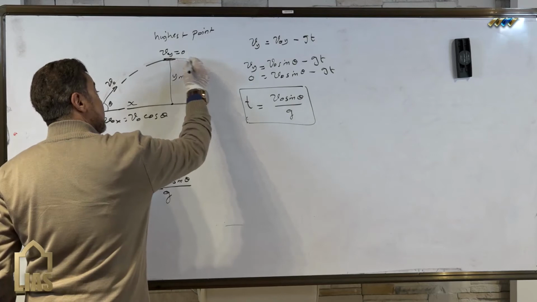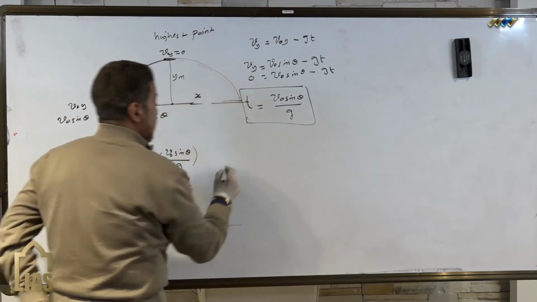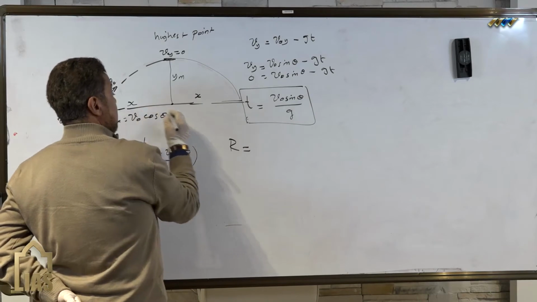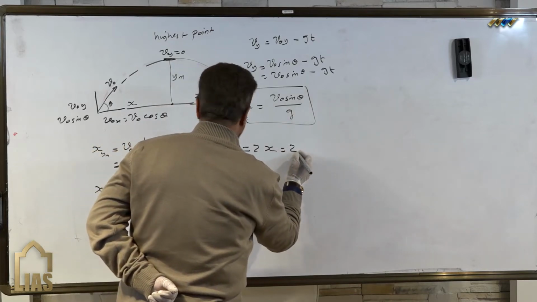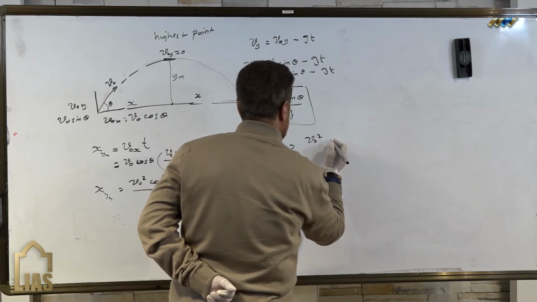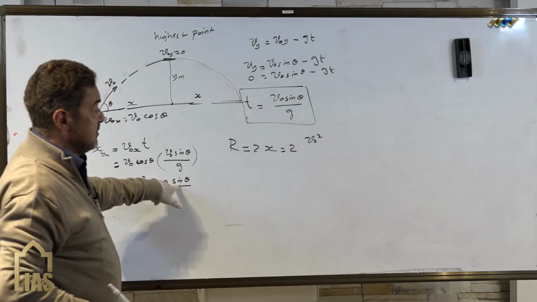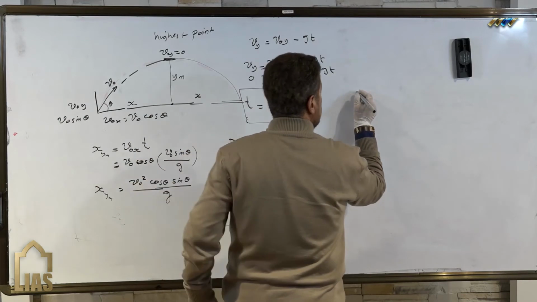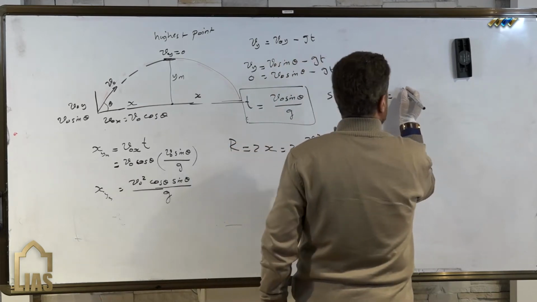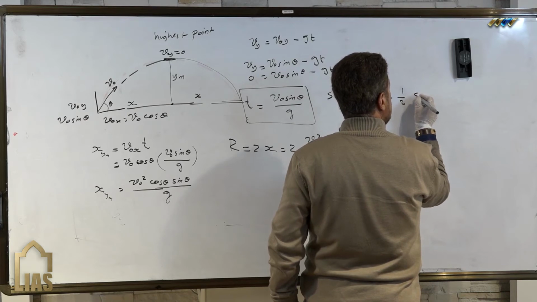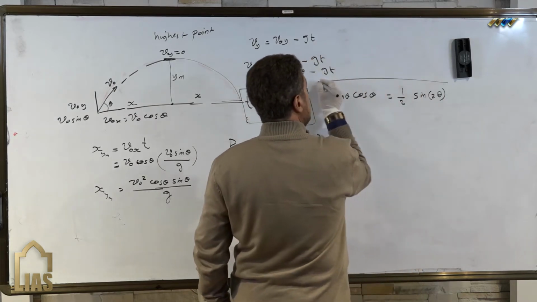The range is 2x. Range is equal to 2x, which is equal to 2 v0 square cosine theta sine theta over g. And cosine theta sine theta is sine 2 theta over 2, which is half of sine 2 theta. This is very important to know.